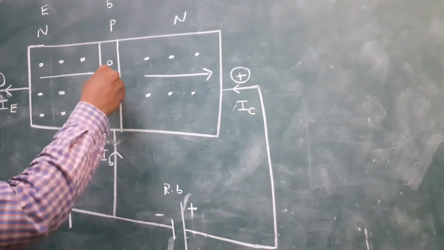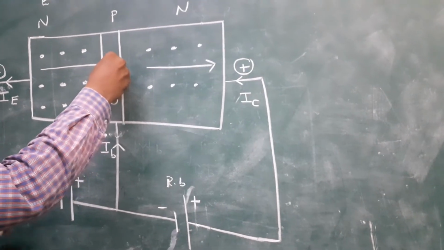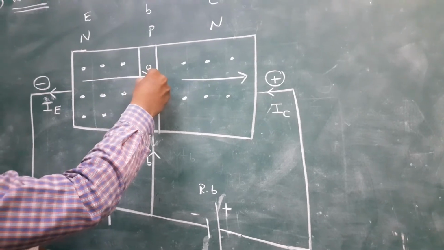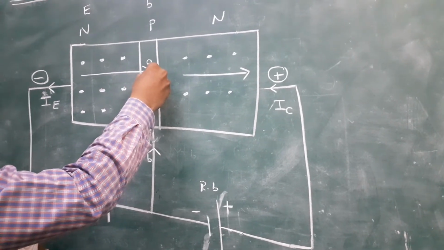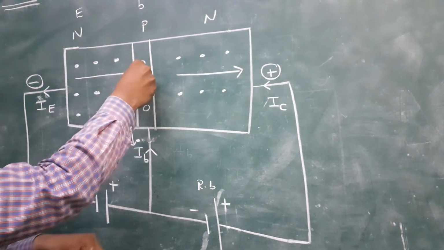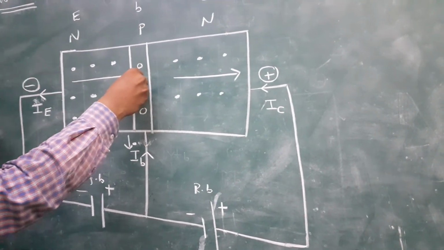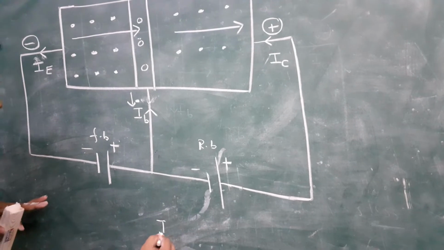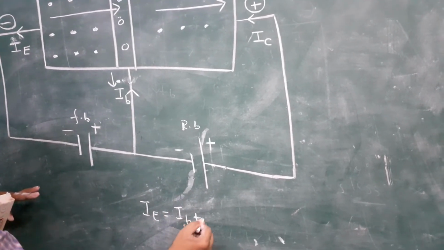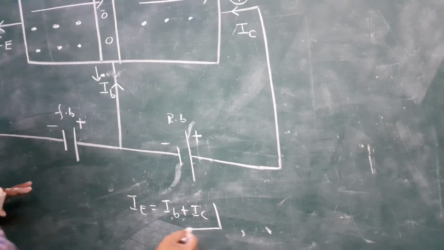According to Kirchhoff's first law, current flowing inward to the junction equals current flowing outward from the junction. Inward are IB and IC, outward is IE. That means IE equals IB plus IC.